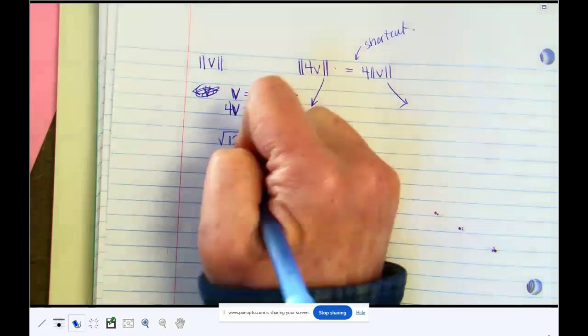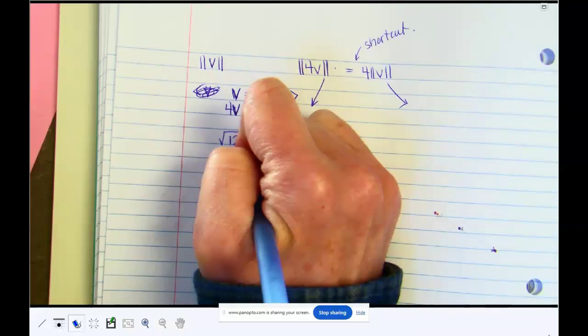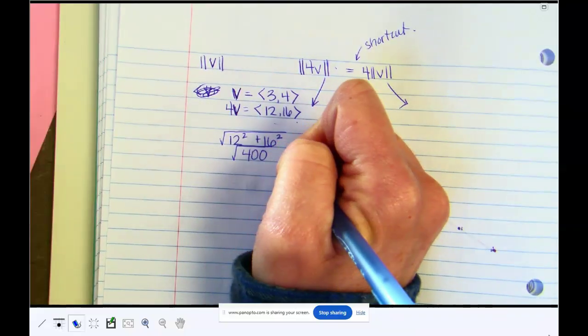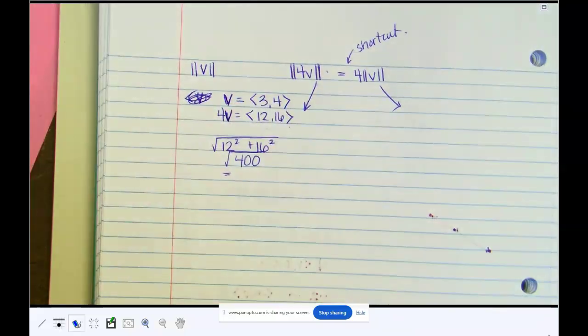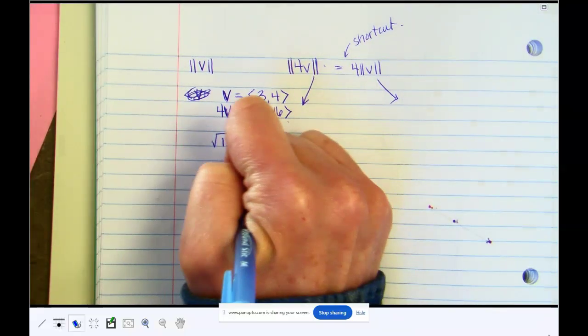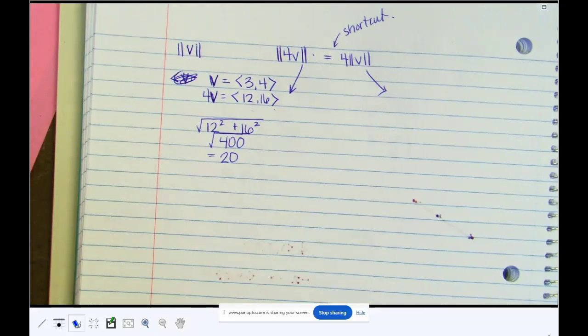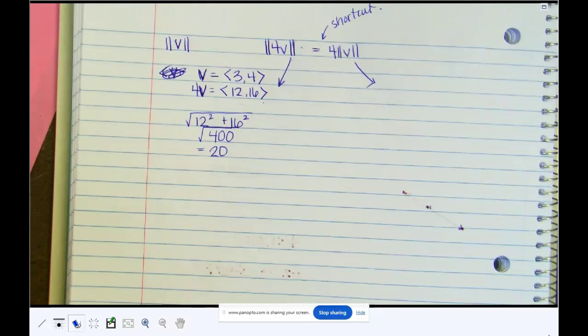Add those together, it's 400. The square root of 400 is 20.